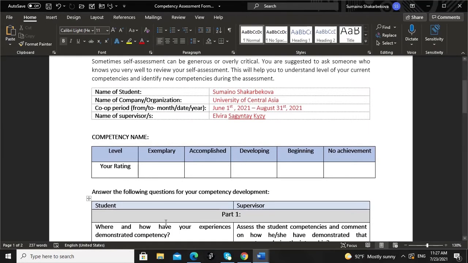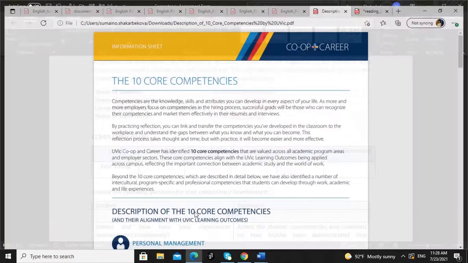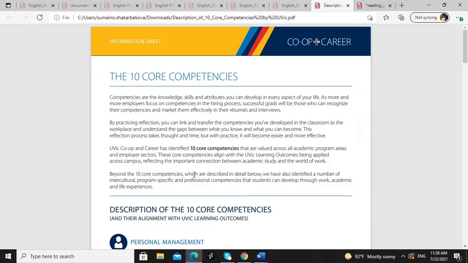There is a PDF document which includes 10 core competencies. I think every student should have this list, but if you don't have it, I will attach the link under this video and you can go to that link and find this PDF document with 10 core competencies.